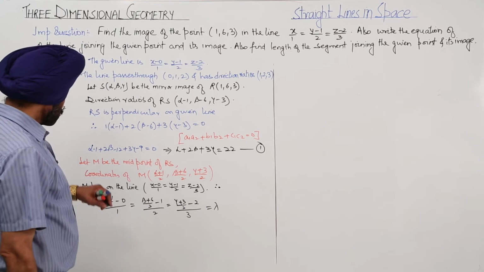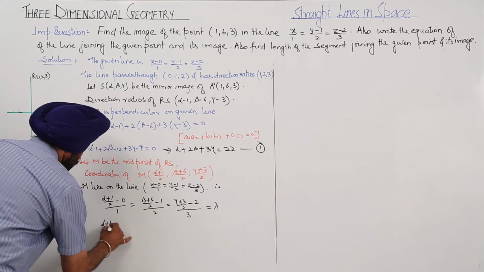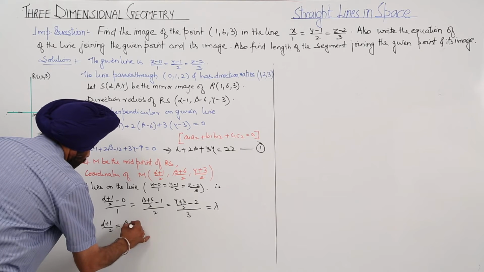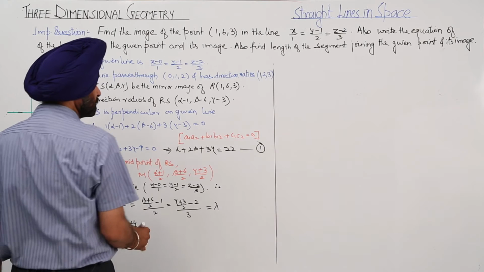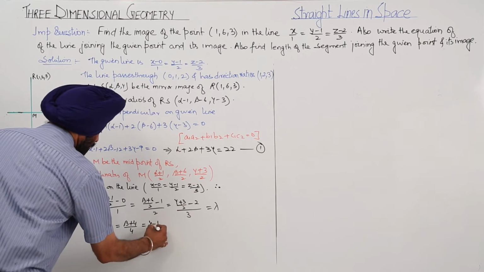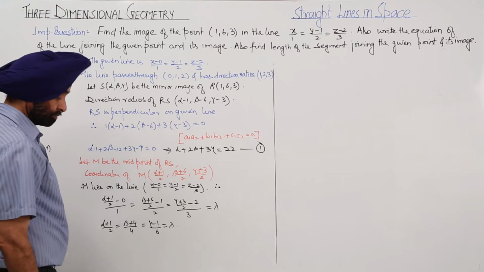Now on solving, what are we getting? Alpha plus 1 upon 2 is equal to beta plus 4 upon 4 is equal to gamma minus 1 upon 6 is equal to lambda.